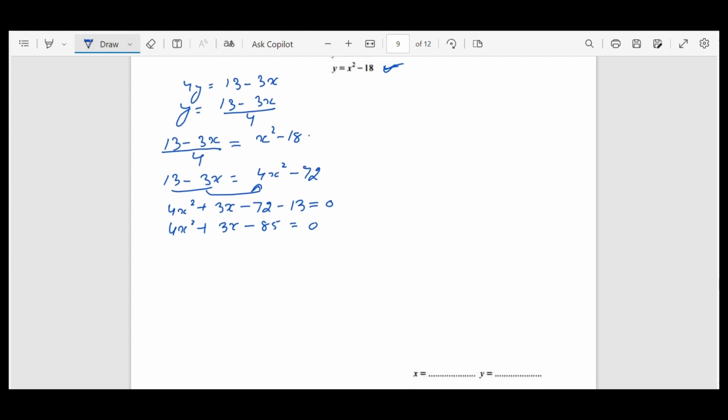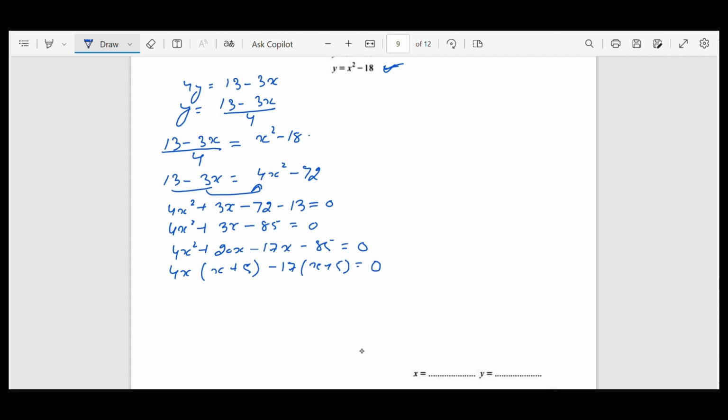So from here we will use the sum and product method. From this, 4x square plus 20x minus 17x minus 85, this will be equal to 0. We will bring out 4x as a common factor: 4x(x plus 5) minus 17(x plus 5) is equal to 0.